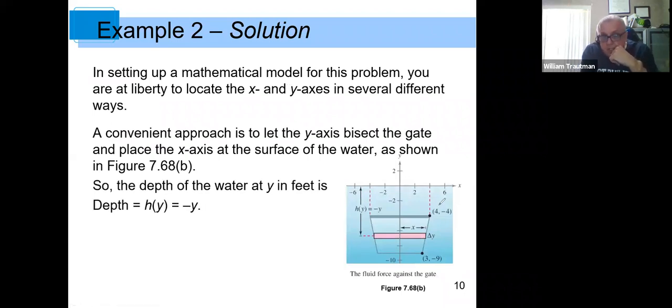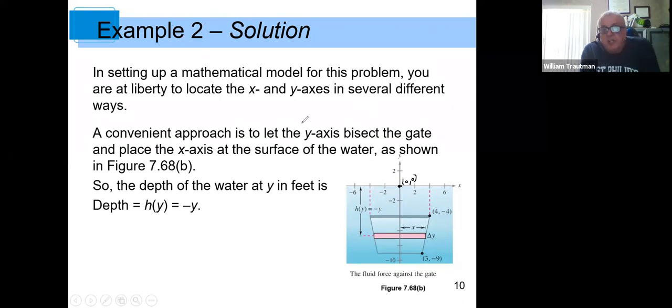If we look here, it gives us these coordinates. And right here is the origin. That coordinate is 0, 0. It says, in setting up a mathematical model of the problem, you are at liberty to locate the x and y axes in several different ways.